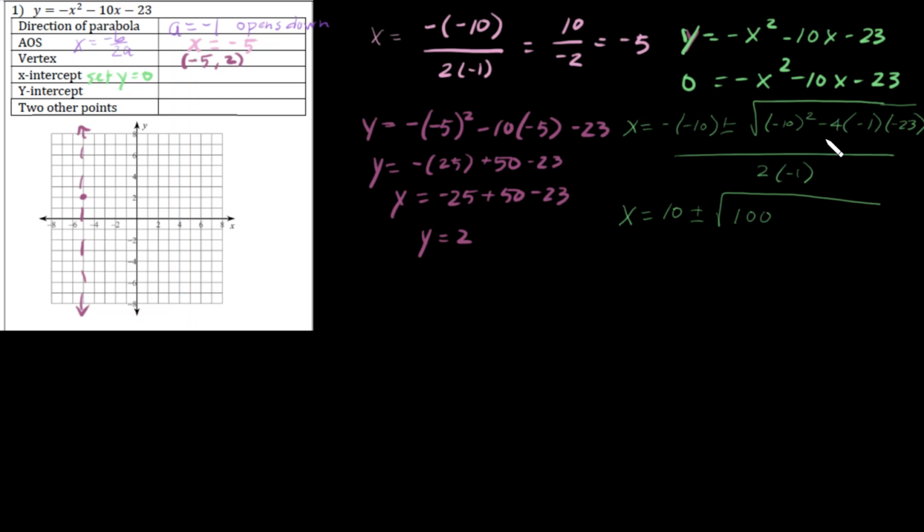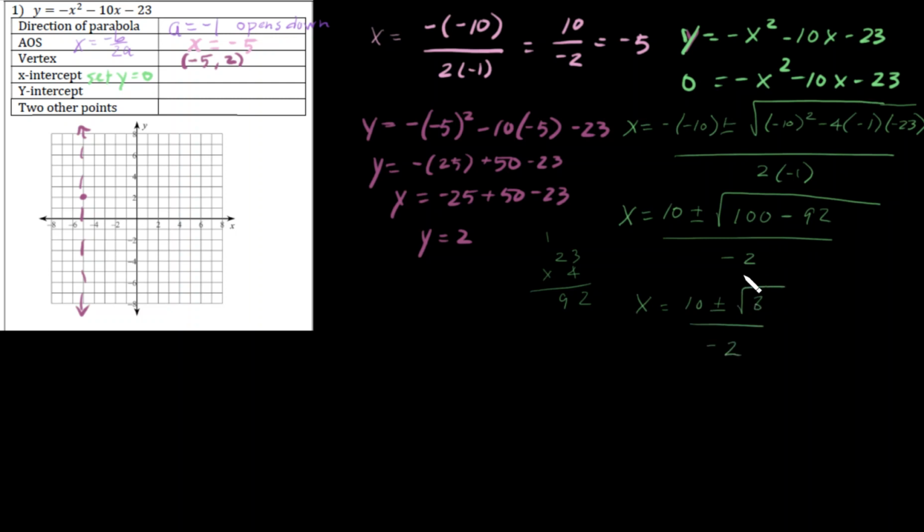We have a negative times a negative, which is a positive, times a negative, that's a negative. And 23 times 4 is 92, divided by -2. So I get x equals 10 plus or minus the square root of 8 over -2.